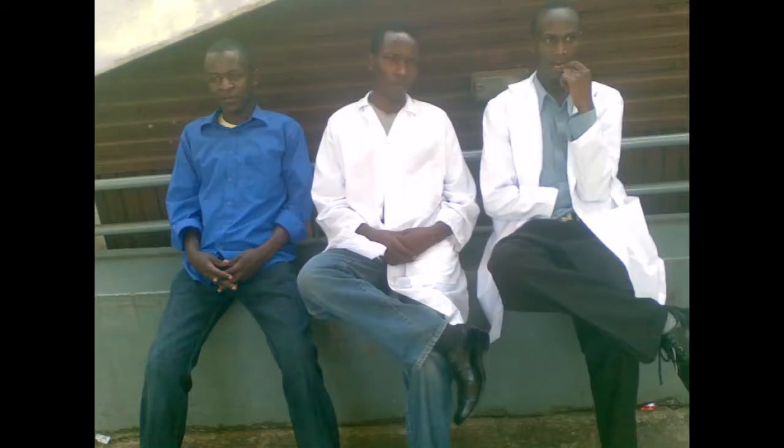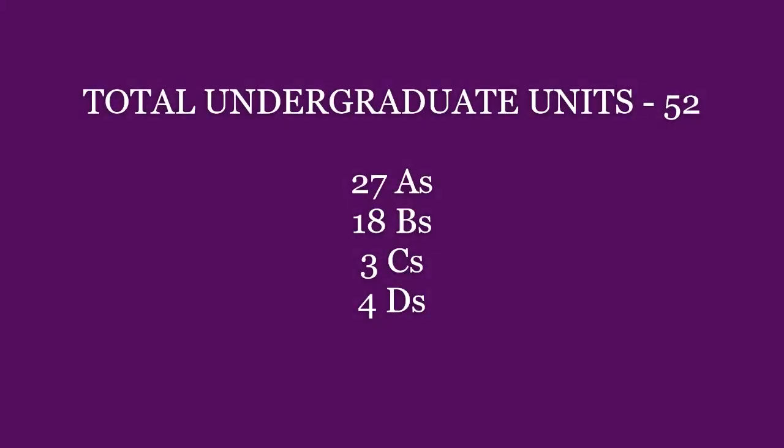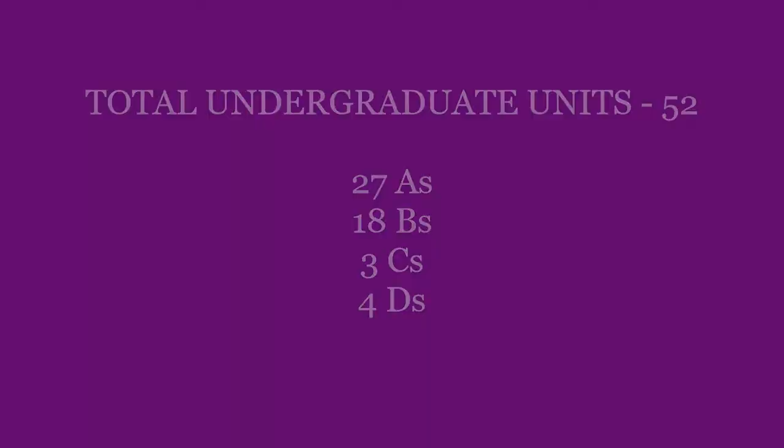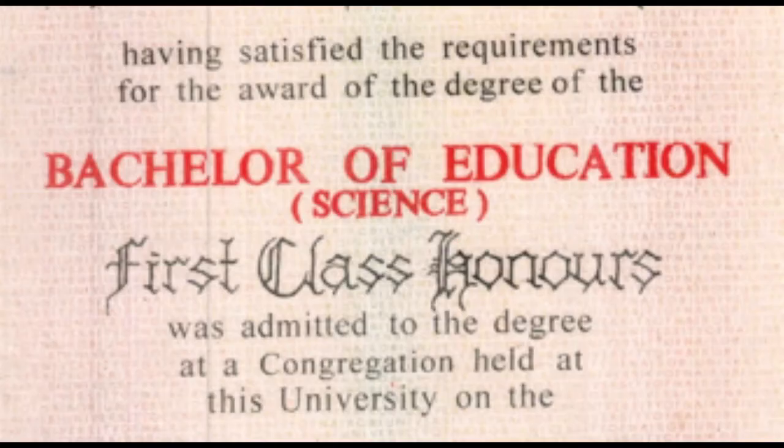Then I did the 4 years of undergraduate, first year, second, third, fourth, and out of the 52 units that I did, I managed 27 A's, 18 B's, 3 C's, and 5 D's. And eventually, I graduated with first class honors from this university. That is the highest honor you can have for an undergraduate.